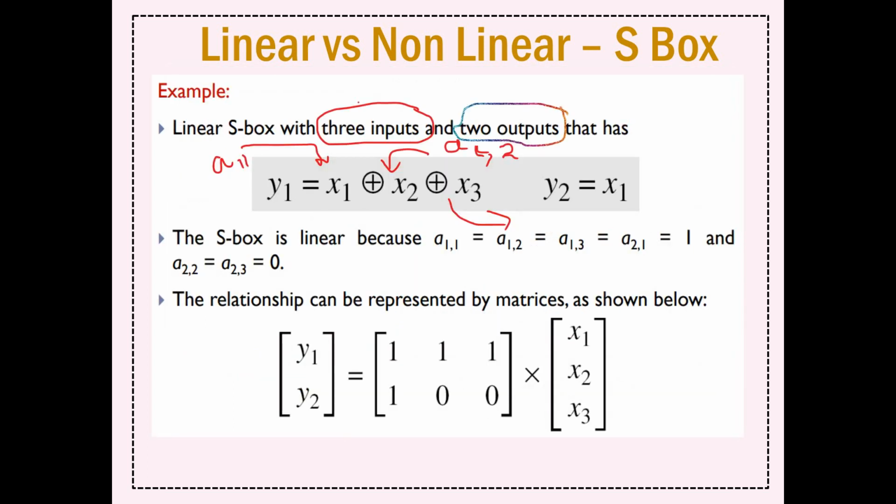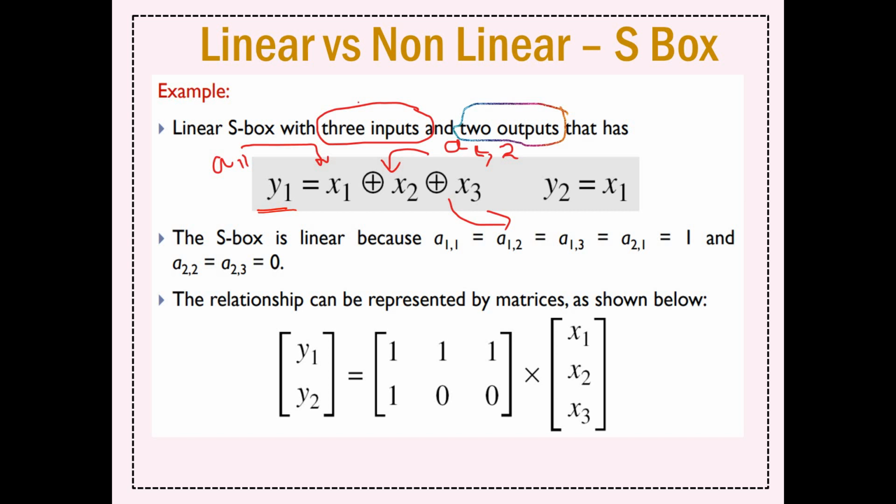So if we have this as an example, if you observe, we have y1 given by x1 plus x2 plus x3. Now in this case, if you observe, the statement is a linear S box with 3 inputs and 2 outputs. 3 inputs, 2 outputs. So is it not very similar to the compression P box that we considered? The number of inputs is more than the number of outputs.